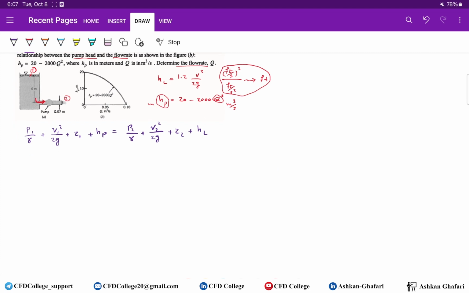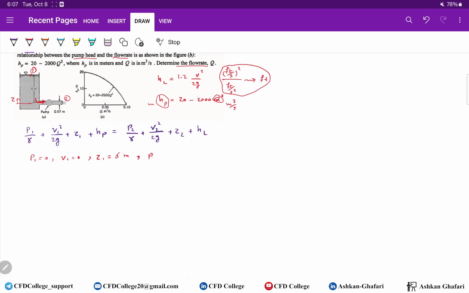Now we should think about what we know. At point 1, which is a free surface, P1 equals 0, V1 equals 0, and if we put the z-axis here, Z1 equals 6 meters.